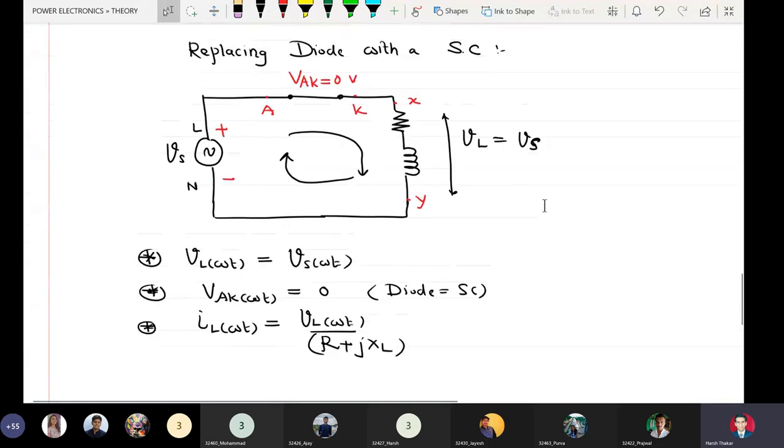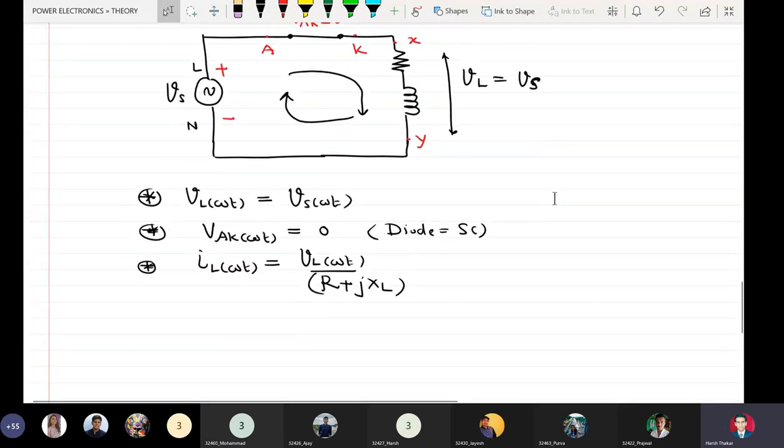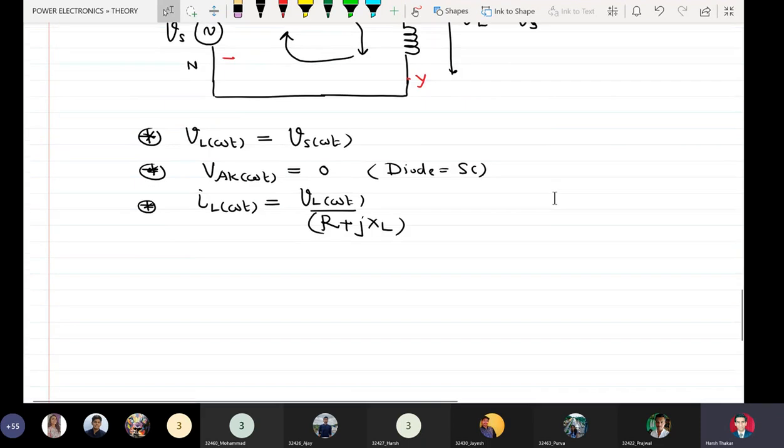So the current will not be sinusoidal. It will follow the laws of inductive current.